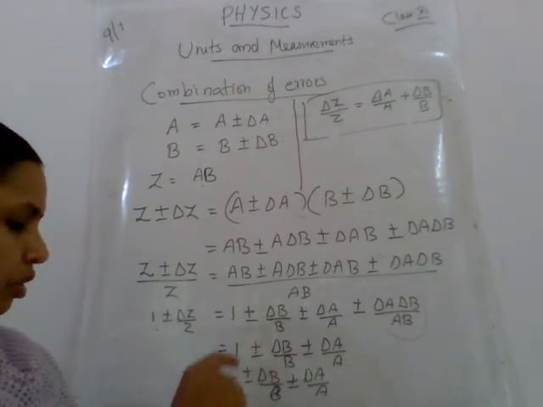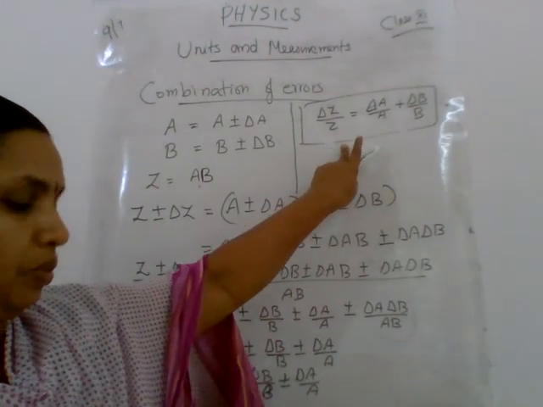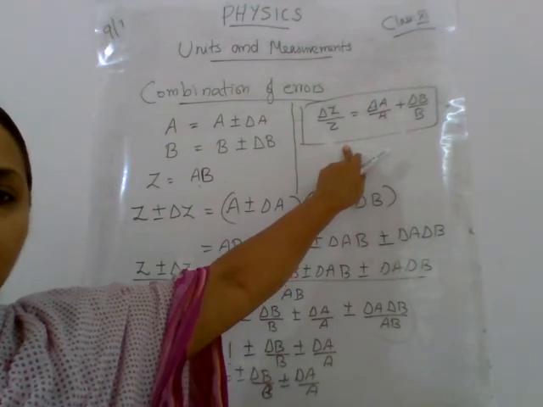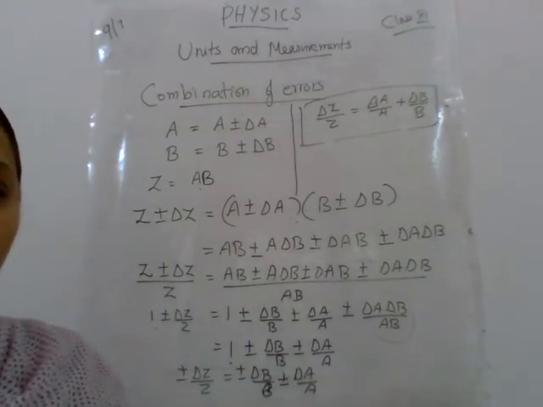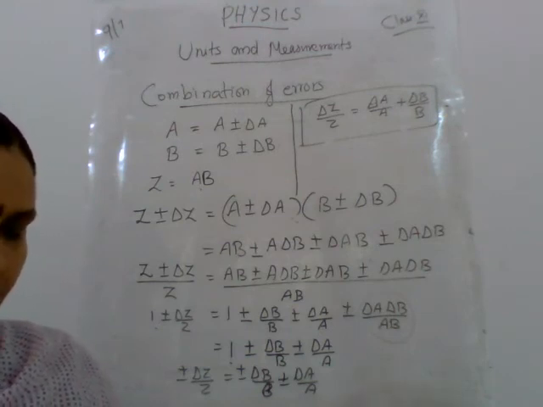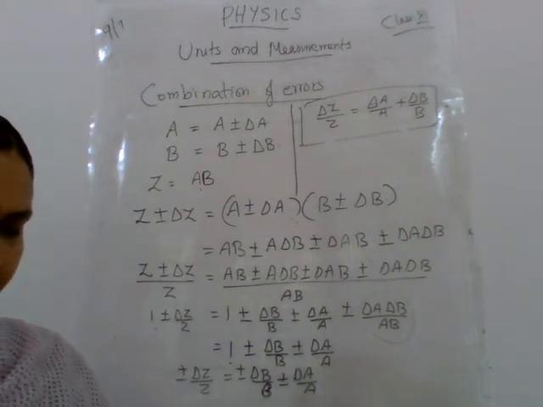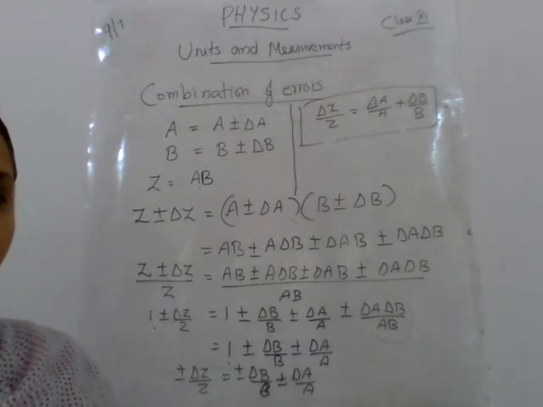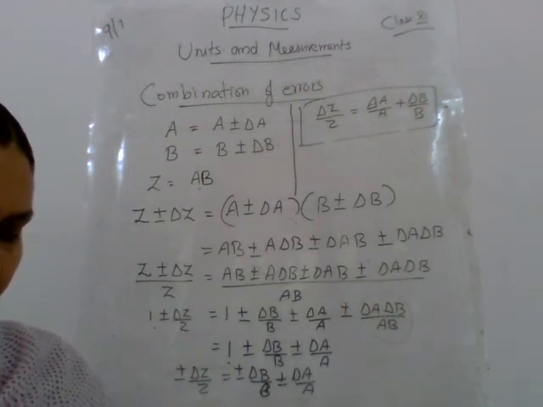So same thing, you have to copy this till this, then write: when two quantities are multiplied or divided, the relative error in the result is the sum of the relative errors in the multipliers.